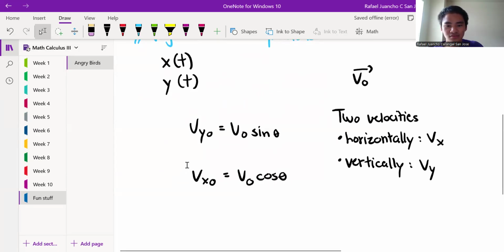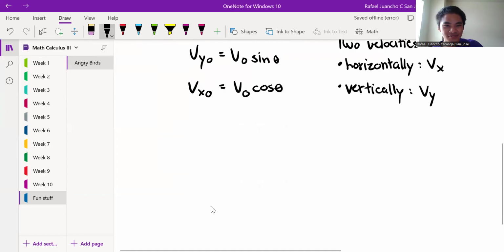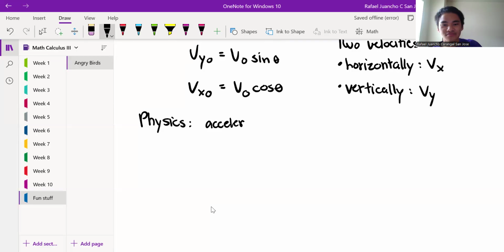Next, in physics, we not only have the velocity in terms of going up and down, but when we're on planet Earth, so this is physics, which I'm bad at because I flunked my physics class, we have this thing called acceleration due to gravity, right? Because since we're on Earth, we have gravity.